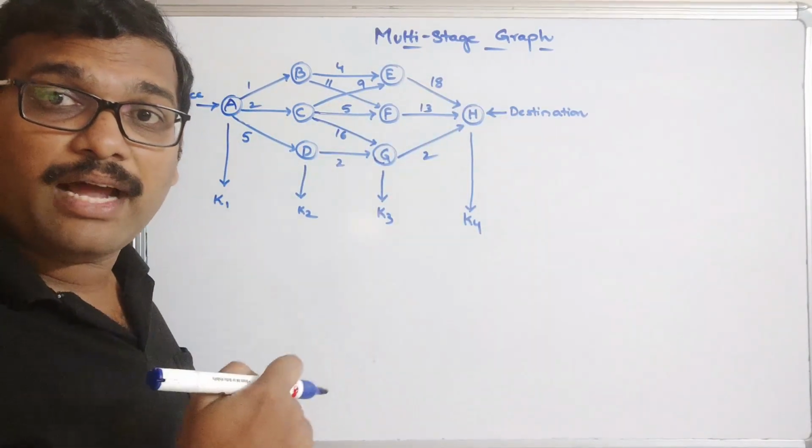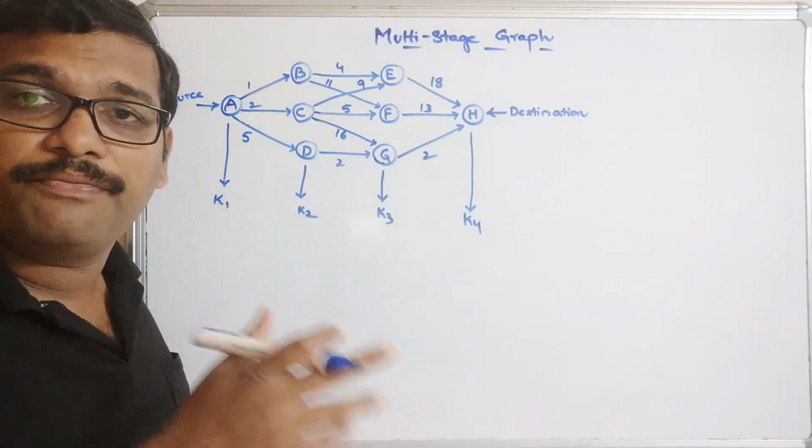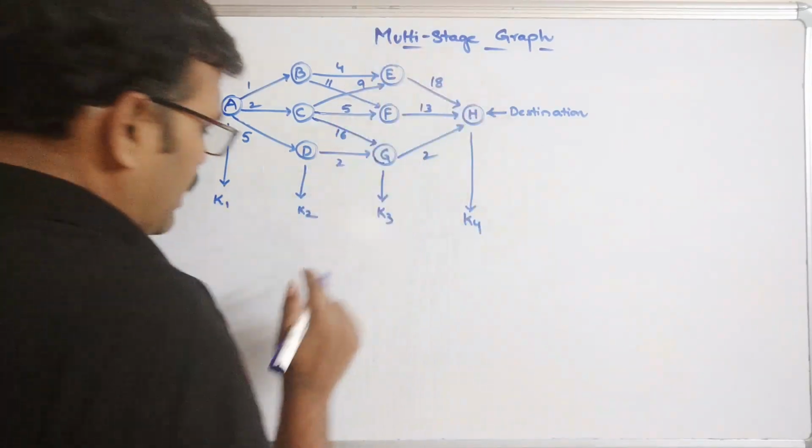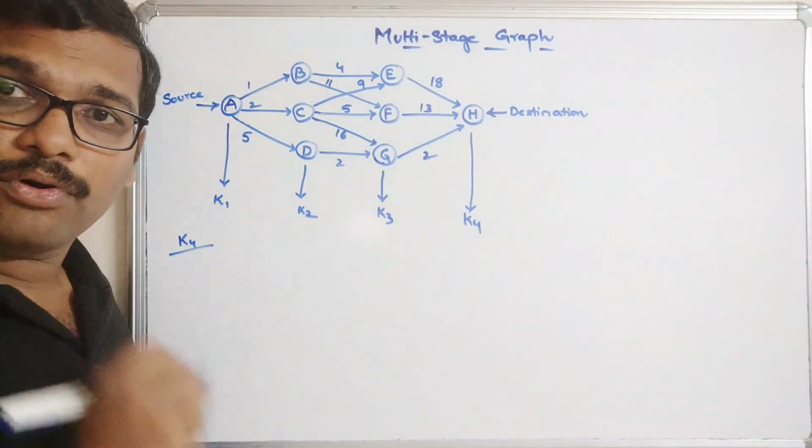So we need to start from the destination if we are going with the forward approach. So let us go with K4, right?